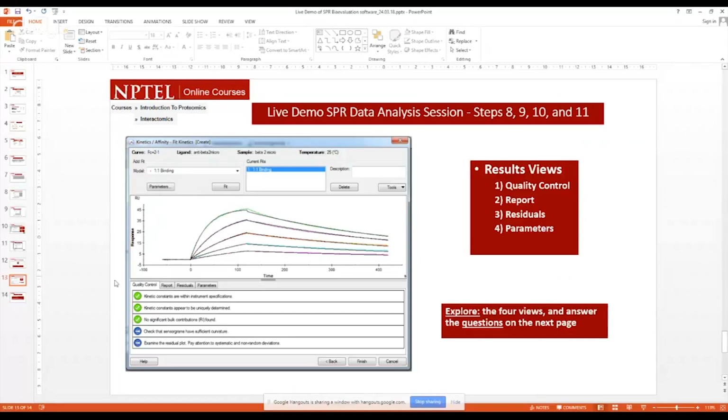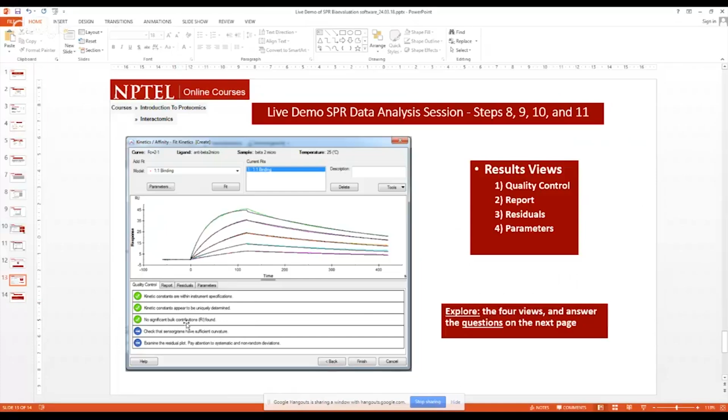So in your final view, if you click on the report, unfortunately I can't show it to you right now. In the report, you will have the calculated association rate constants, the dissociation rate constants, your affinity constants, and something called Rmax, which I have not covered in this session.